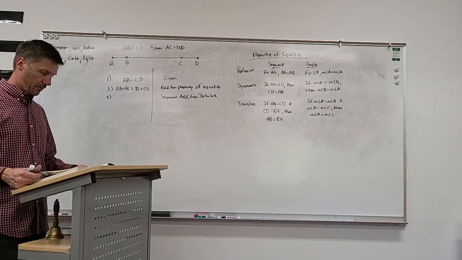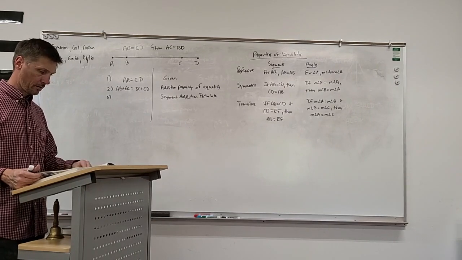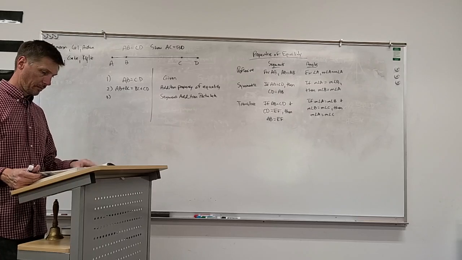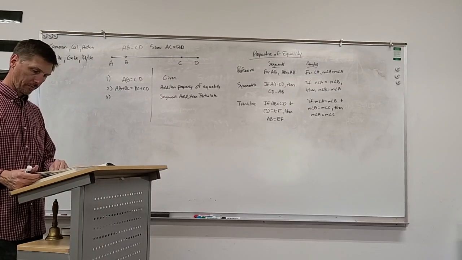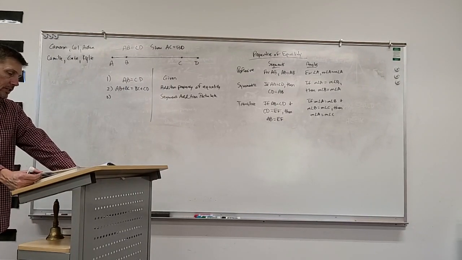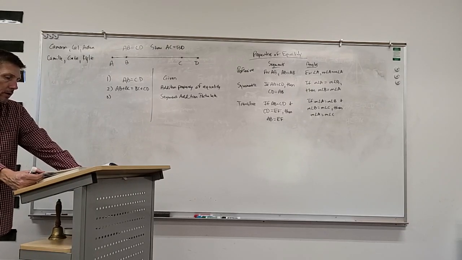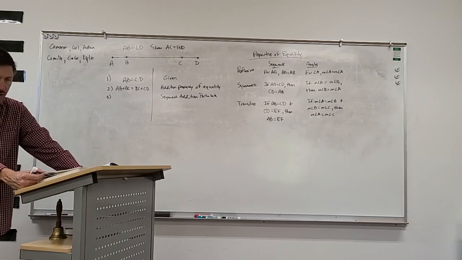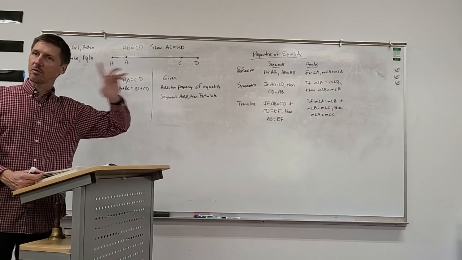Give me about 30 minutes, I'll find it. Not there. It might have been the very beginning, actually. All right, the ruler postulate, segment addition postulate. It's in section 1.3, chapter 1, section 3. There's a little box in the middle of the page there: Postulate 2, the segment addition postulate. So we learned that back in chapter 1 and we can't forget it.